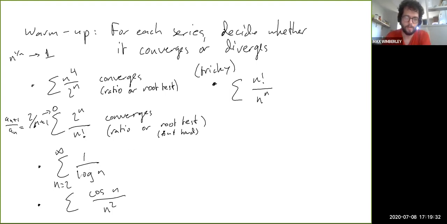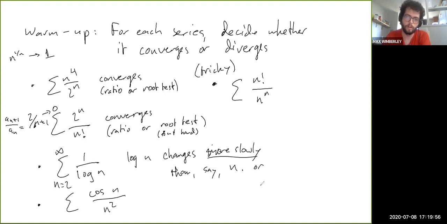If you think about the function log of n, and how quickly it changes value, log of n changes more slowly than, say, n, or n squared, or any power of n, really.